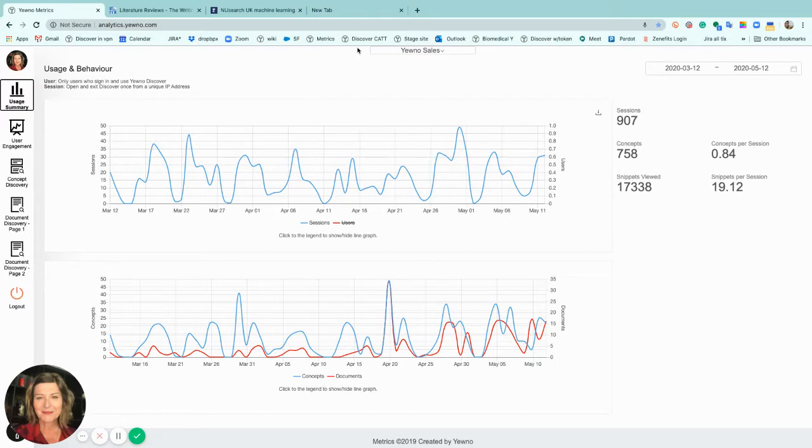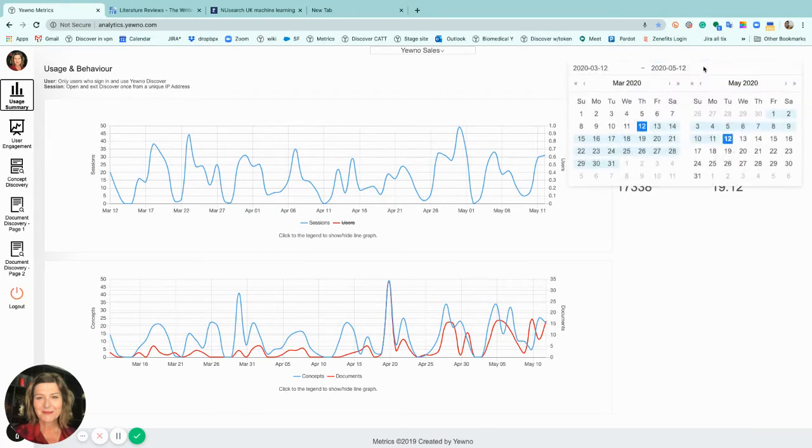I've created an example account here that I can show you how these different tabs apply and what type of information they reveal for you. On the top right corner here, you can adjust the date for which you want to view the metrics. So if you want to see everything to the beginning of January of this year, you can arrow to the left and select that.